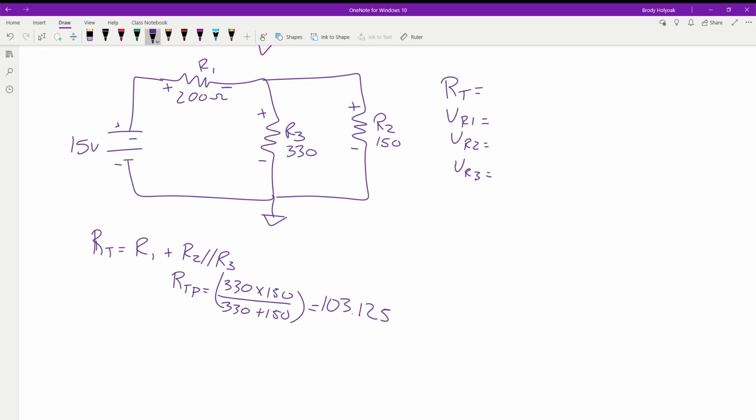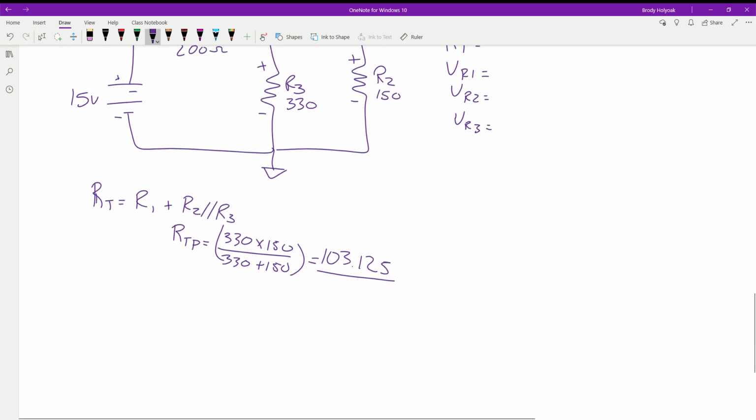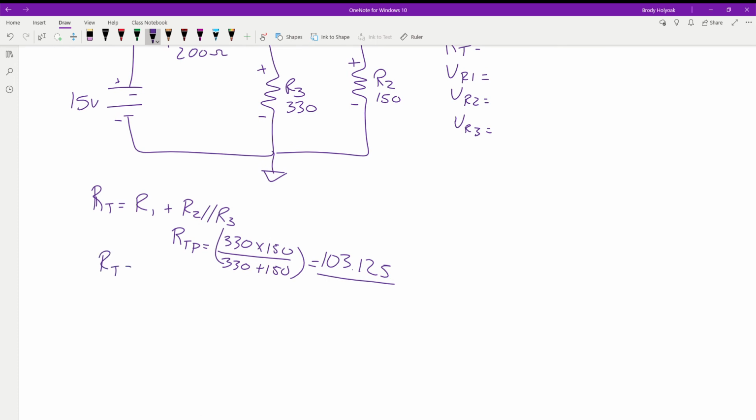So we have 103.125. So that means our total resistance is 200 plus this. One of the things also when we're doing parallel is that we've reduced this circuit. So now, when we have our parallel resistance, this is also what we're looking at.